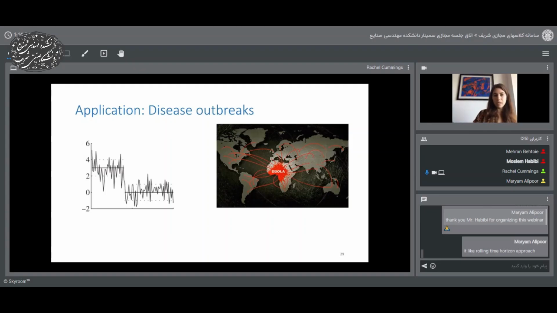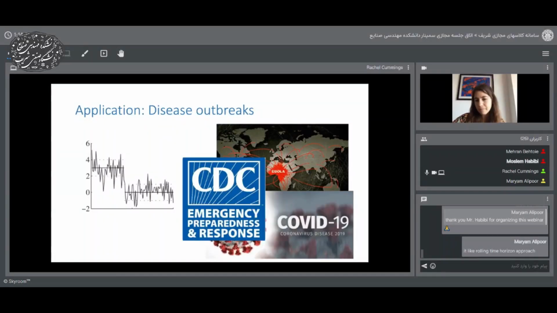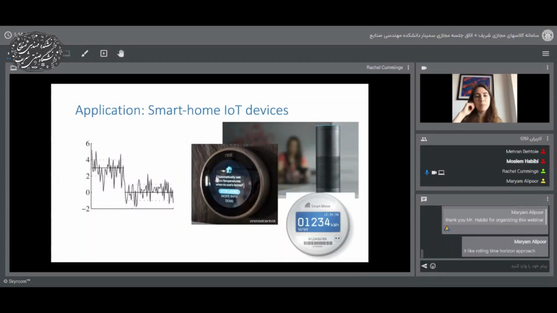Why do we care about this? For one thing, disease outbreaks, it was Ebola, although these days COVID, where we might want to know when we see a dramatic change in the number of cases in a certain place. We may also care about doing this for smart home devices.